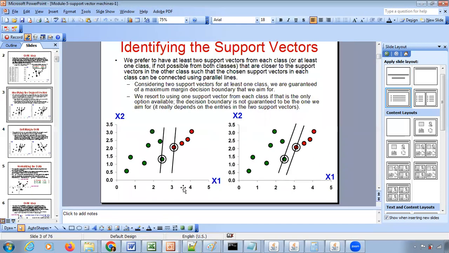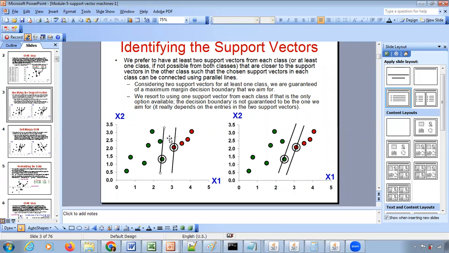If you have only one support vector from each class, that's a problem. You don't have any control on the margin of the decision boundary as well as the direction. You may choose these two data points as your support vectors and run through the algorithm, the math. It depends on the numbers that are part of the data points.